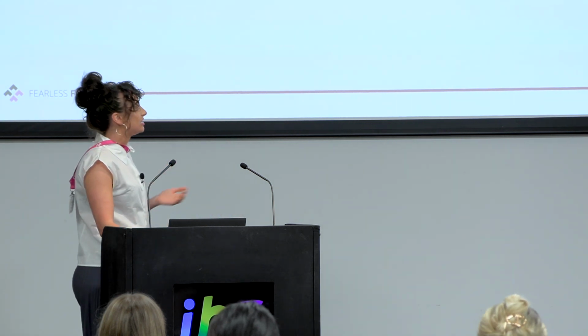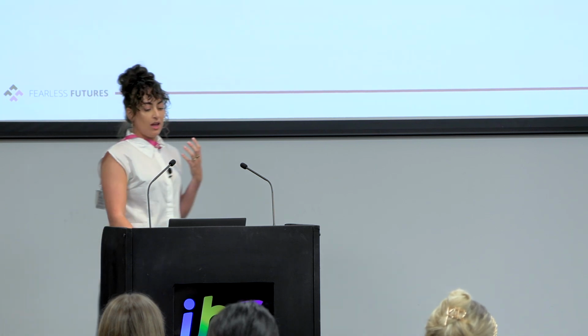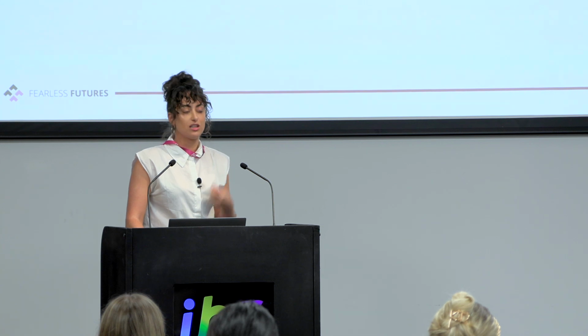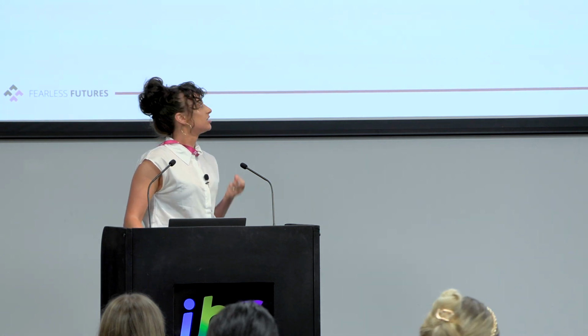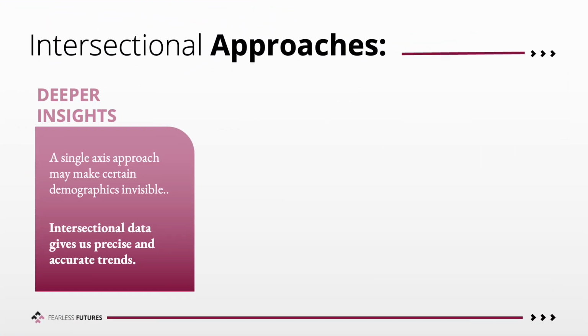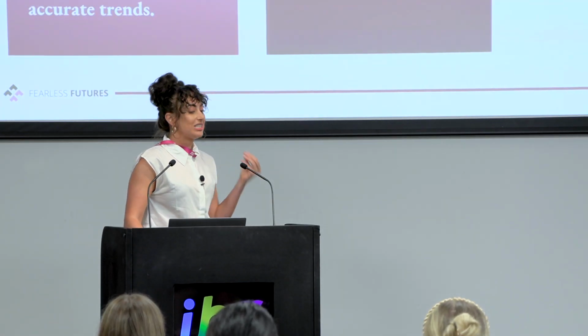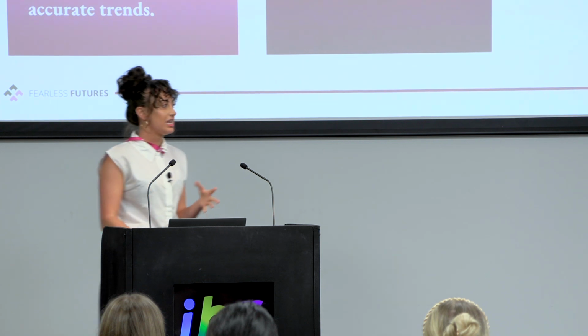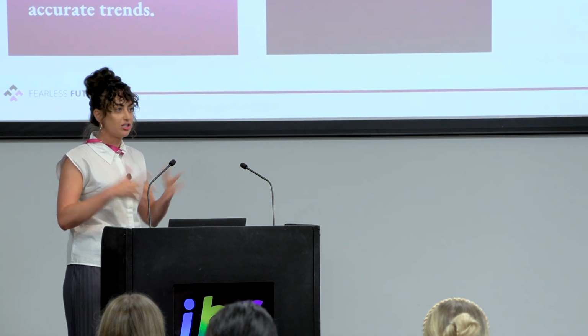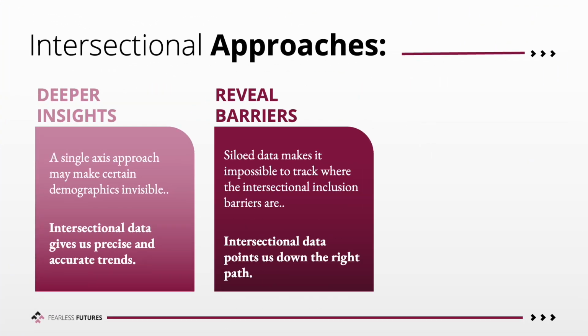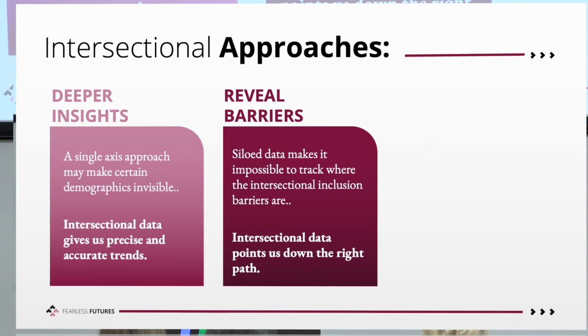Intersectionality resolves these challenges for us. When we use an intersectional approach to investigate our data, looking at outcomes for candidates across different groups, we glean deeper insights. It gives us more precise and accurate trends to work with. And by revealing what is otherwise hidden, we're not only seeing the outcomes potentially across our pipeline, but we're able to start realizing where the barriers and obstacles lie.